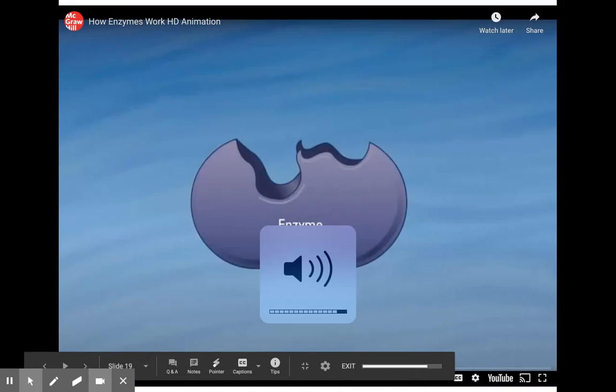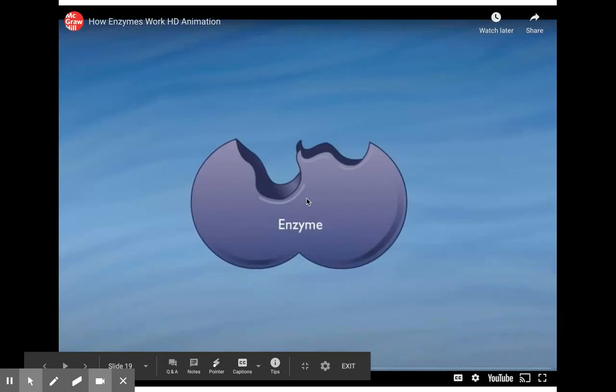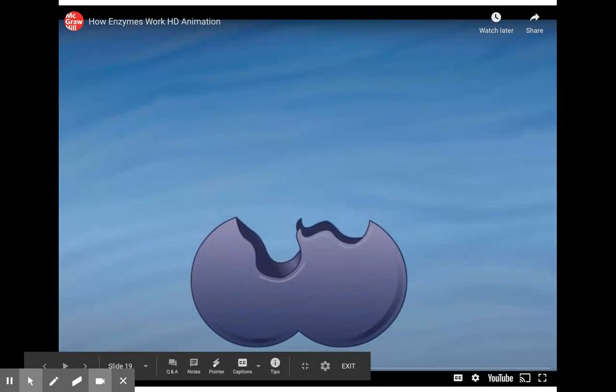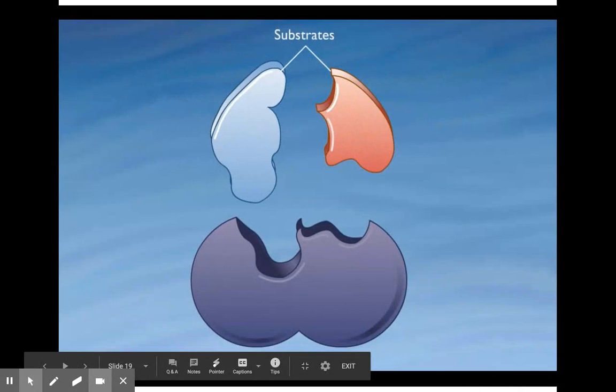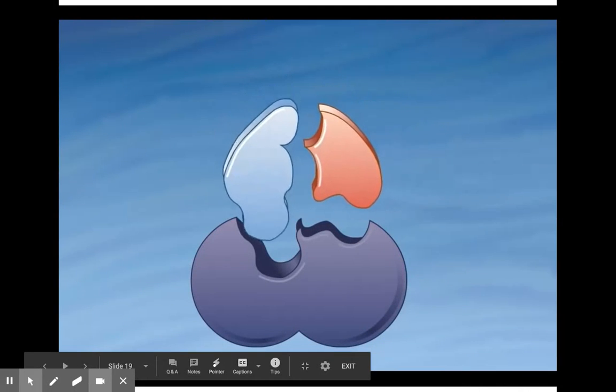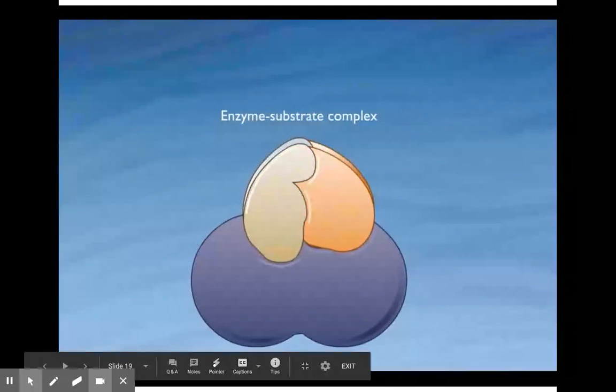Enzymes are proteins that speed up chemical reactions in the cell. A special region on the enzyme, called the active site, has a shape that fits with specific substrate molecules. An enzyme works by binding to one or more specific molecules called reactants or substrates. Binding occurs at the active site. The enzyme and substrates form an enzyme-substrate complex. The interactions between the substrates and the enzyme stresses or weakens some of the chemical bonds in the substrates.